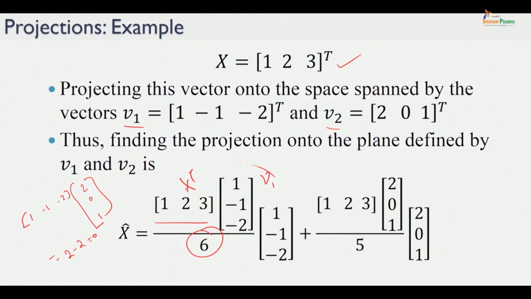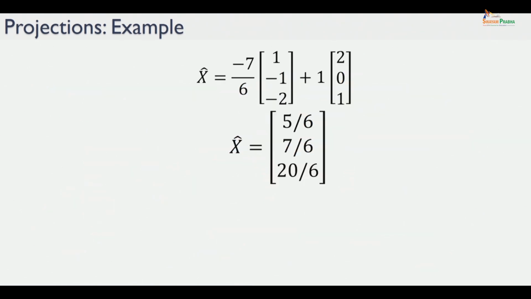So, this is constant C1 that we get, and this is multiplied by nu 1, and if you look at the second term here, this is x transpose nu 2, which is 2 0 1, and this should be nu 2 transpose nu 2. So, this should be 2 squared plus 0 squared plus 1 squared, which is 5, and we have this vector nu 2. So, once you simplify this further, you get the projection as the following.